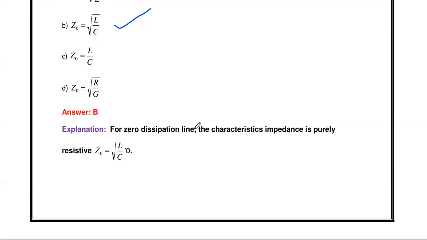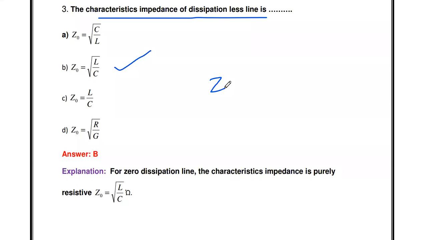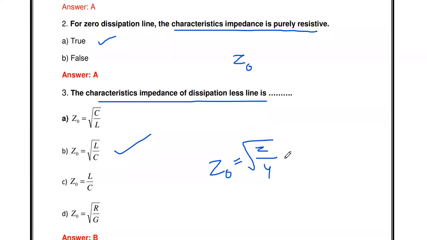You already know the formula for Z0. What is meant by the characteristic impedance Z0? Z0 is the square root of the ratio of the series impedance Z divided by the shunt admittance Y. Z is nothing but R plus j omega L. Y is nothing but G plus j omega C.